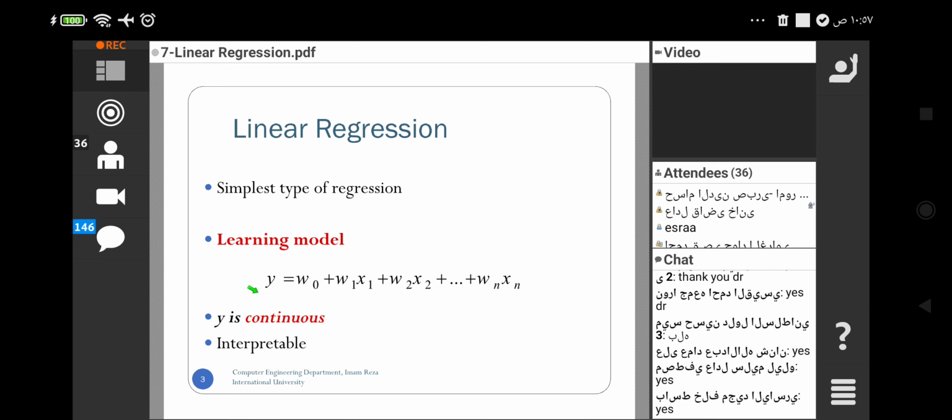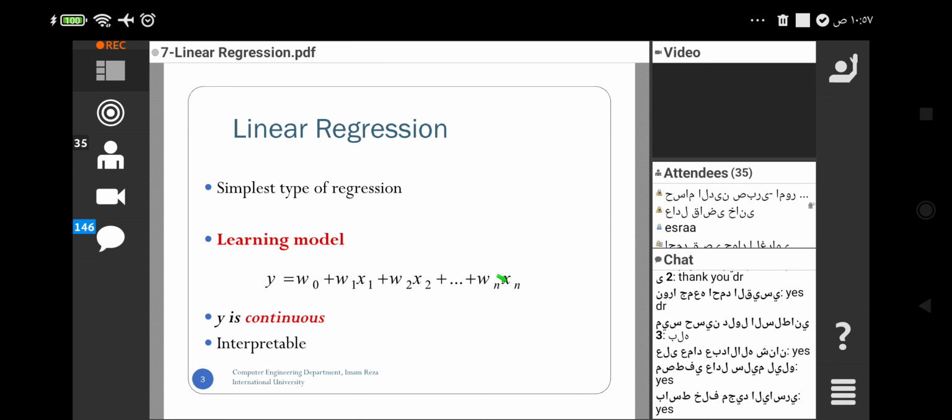If you remember, it was something like this. The perceptron classifier had a linear learning model. In the classification, y was discrete, but here it is continuous, and we have some features which are x1, x2, up to xn.